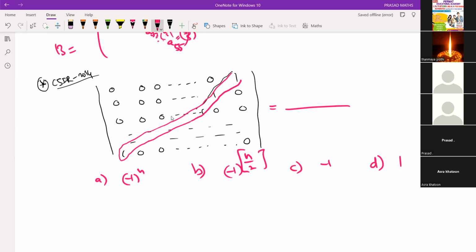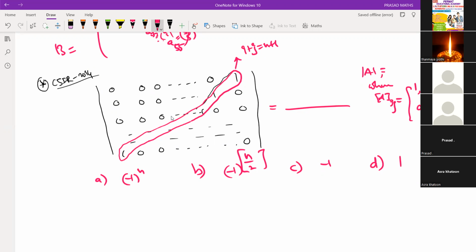You are given anti-diagonal elements. I told you what is the formula for anti-diagonals? I plus j is equals to n plus 1. Right? This question is asked looking like this: what is the det of A where the ijth entry of A is 1 if i plus j equals n plus 1, otherwise 0.